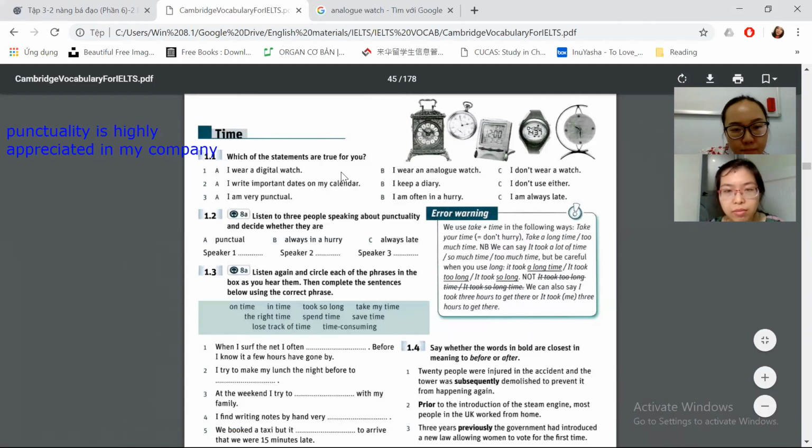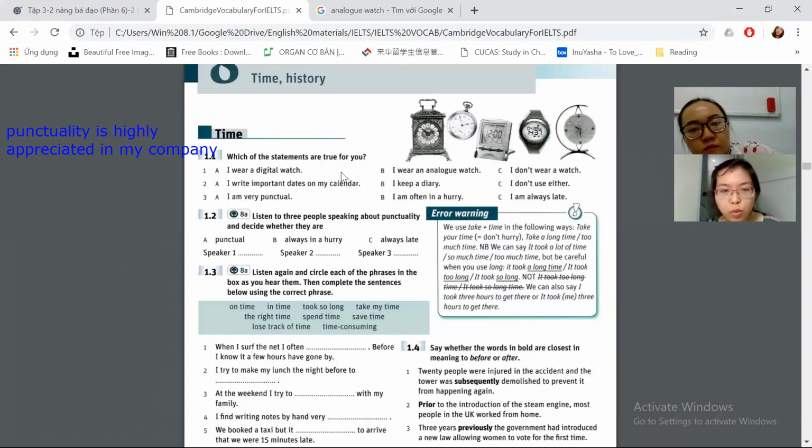Number one, B is true for me. However, I really like the boy who wears the digital watch. Oh, really? I didn't like the boy or man who wears the analog watch. Oh, why? I don't know. I think it's because when I was in high school, I saw a lot of great boys who are very good at mathematics, and they have one thing in common: wearing a digital watch.